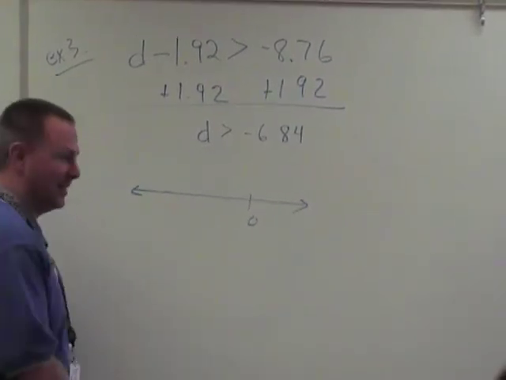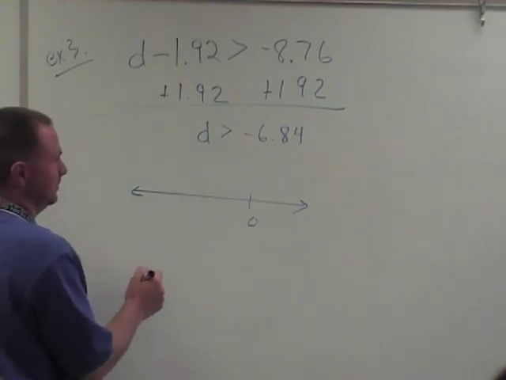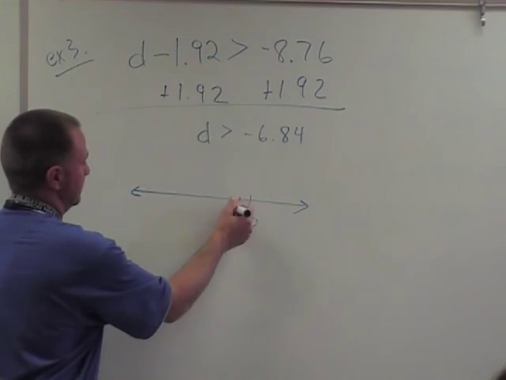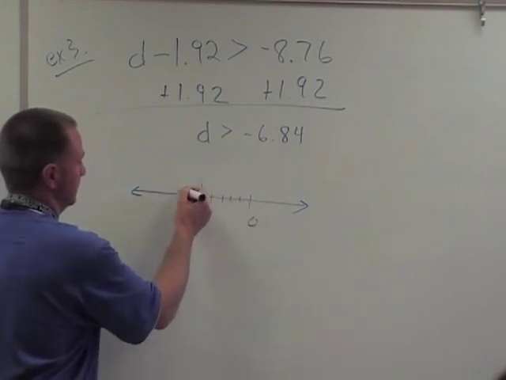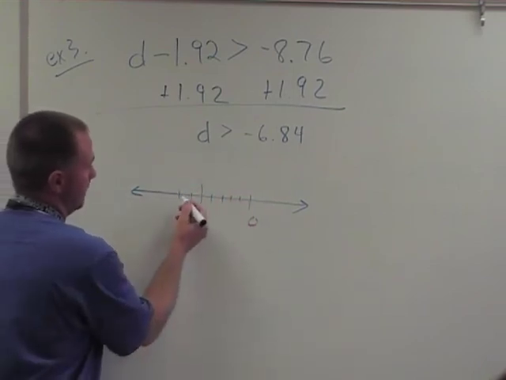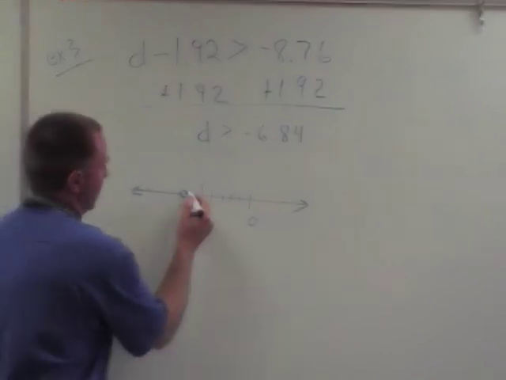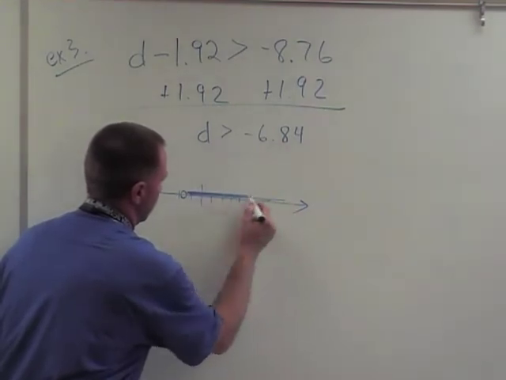Okay, so you do 1, 2, 3, 4, 5, 6, 7 hash marks, and then you put it 4/5 of the way in between. So it's about right here, an open circle. It's greater than, so we shade it to the right.